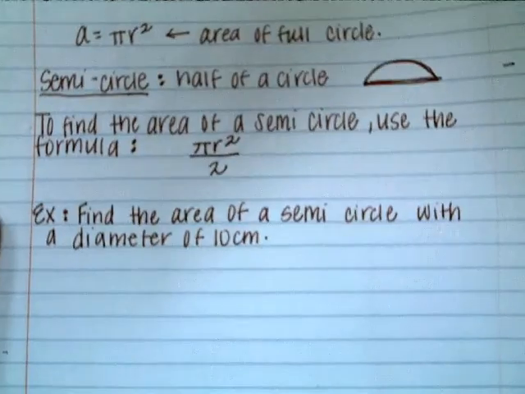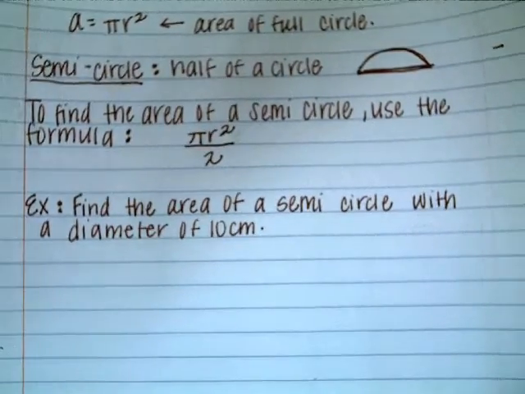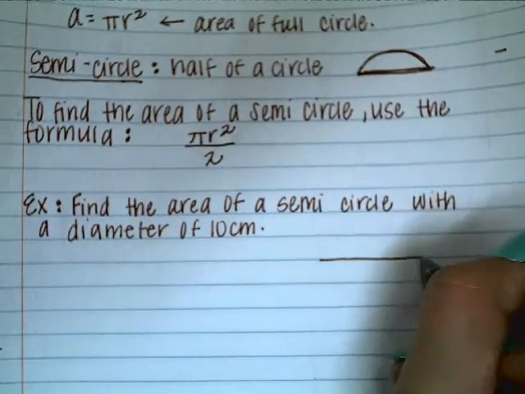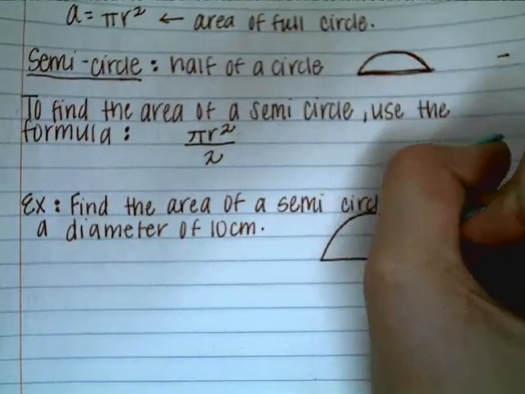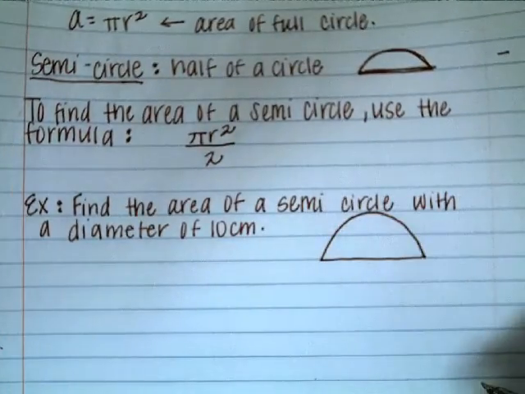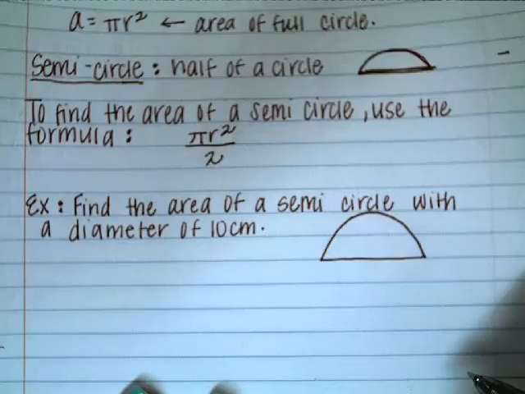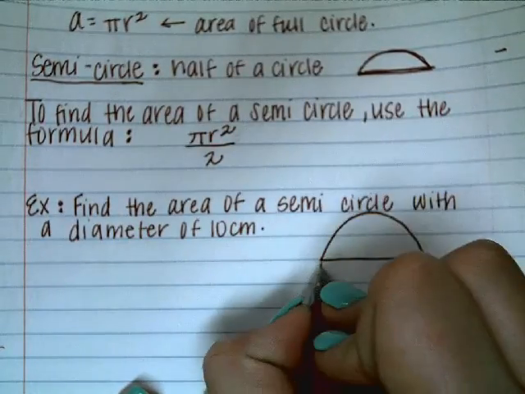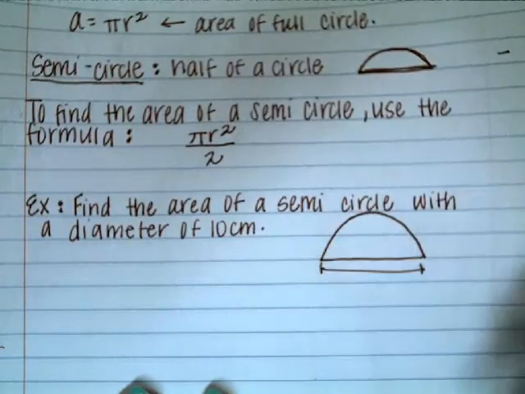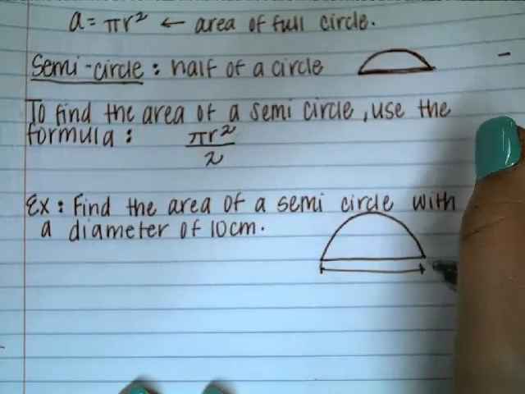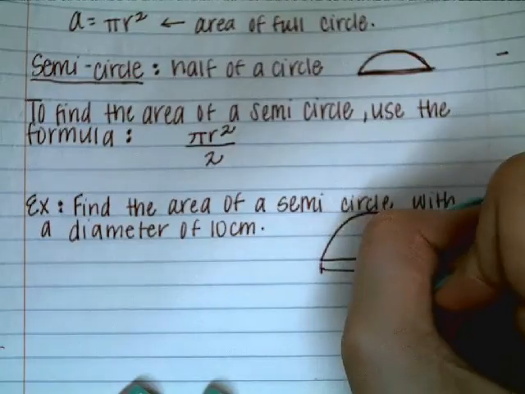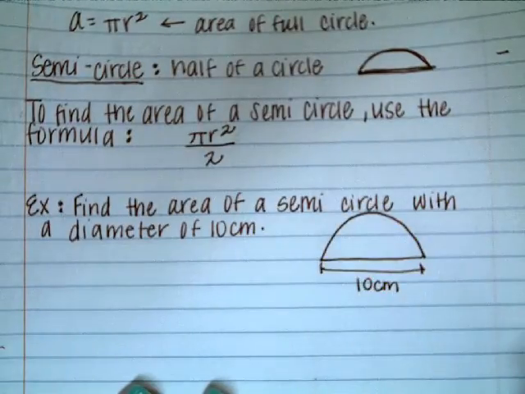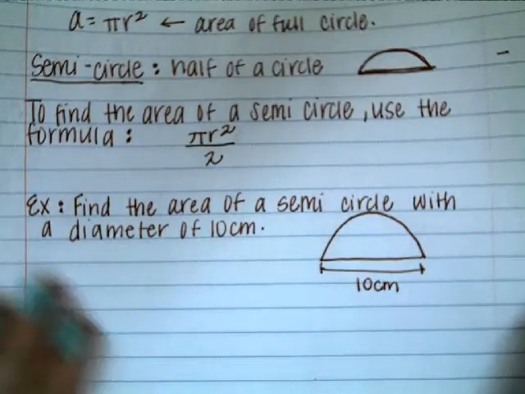So the first thing I want to do, if it's not given to me, is draw a picture. A semicircle is, again, half of a circle. So this is my picture. We are given a diameter, so the length from one side to the other is 10 centimeters.